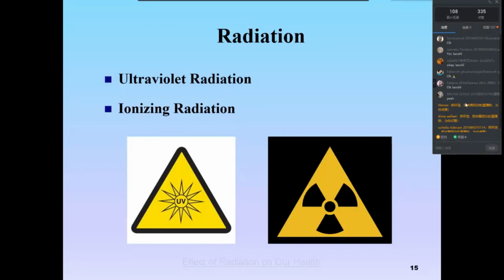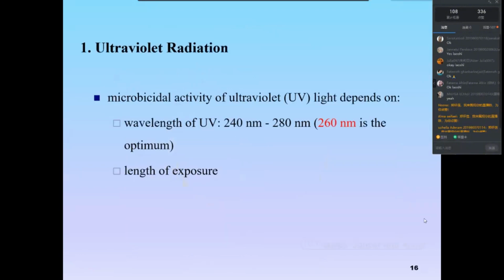The energy is even higher than UV light, and those rays can break down molecules to form different types of ions. So that's what we call ionizing radiation. First, we'll talk about UV radiation.